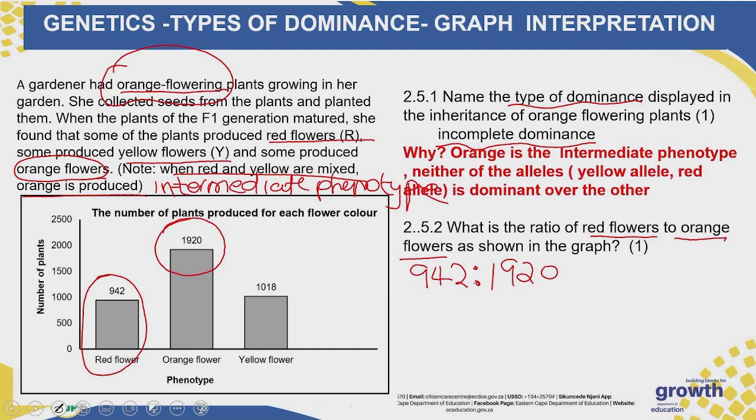You have to simplify it. So if you say 942 divided by 942 is to 1,920 divided by 942, that should give you a ratio that is more or less 1:2. So that would be the simplified ratio. If you left it at 942 is to 1,920, you wouldn't get the marks. Let us move to the next slide.